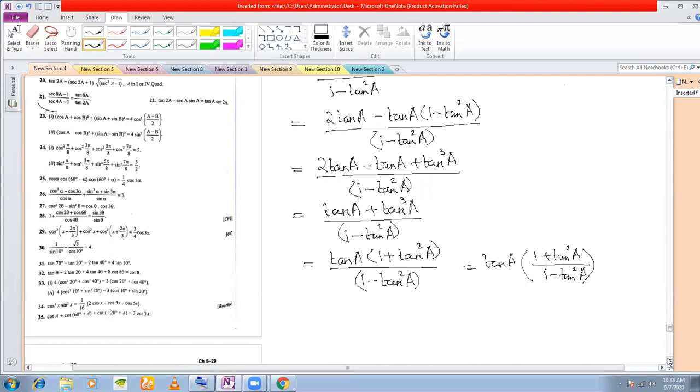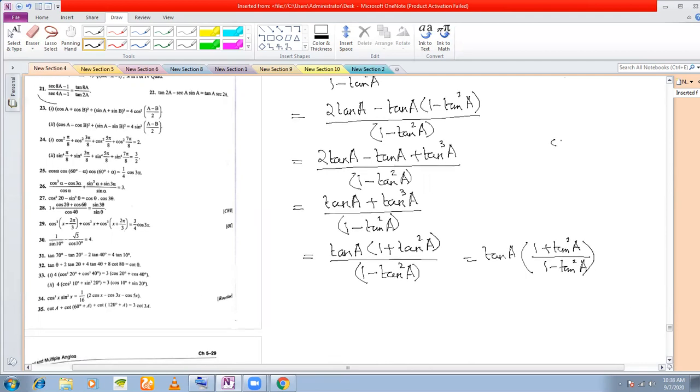Why have I taken this together? Because I know that cos 2 theta is 1 minus tan square theta by 1 plus tan square theta. But here I have 1 plus tan square in the numerator. So what I do is, if I take everything to the denominator, I'm going to get this as tan a by 1 minus tan square a by 1 plus tan square a.